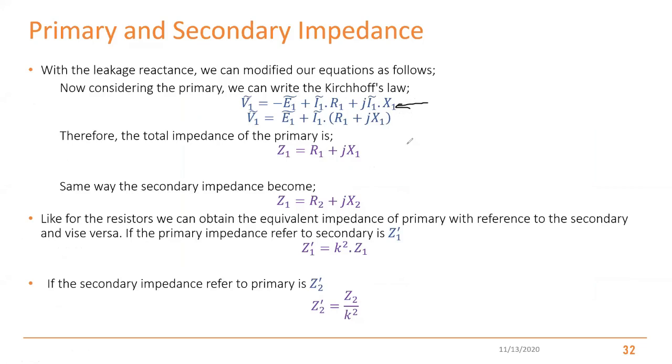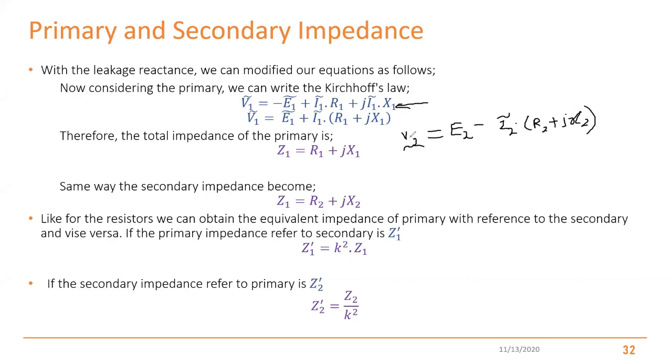If you write it for V2, I think V2 should be V2 minus I2 into R2 plus jX2.